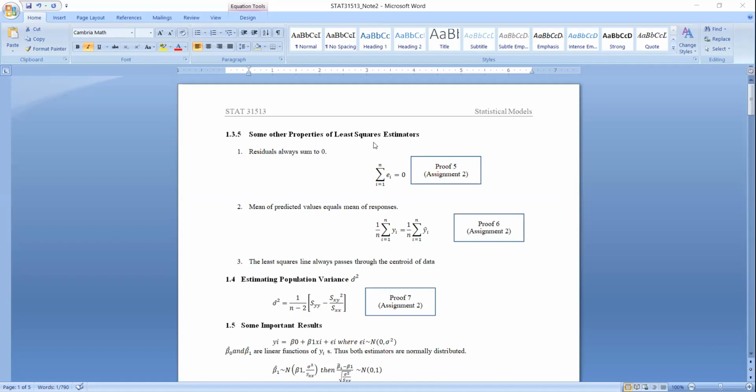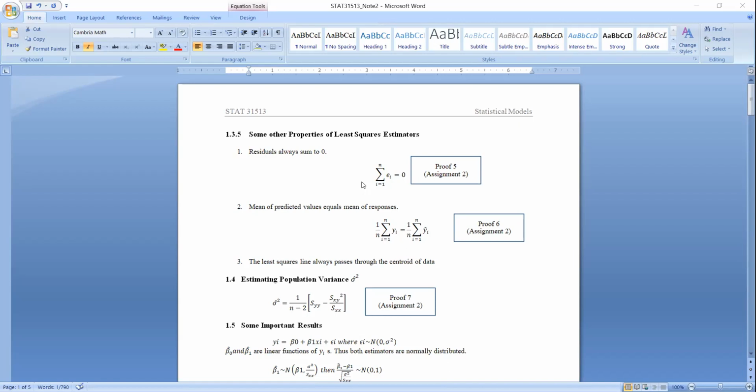And then if you take the summation of all these residuals in any fitted model for any data set, you will see the summation will add up to 0, right? And also if you take the mean value of the original response variable and also the y hat values, again you will see you get the same value.